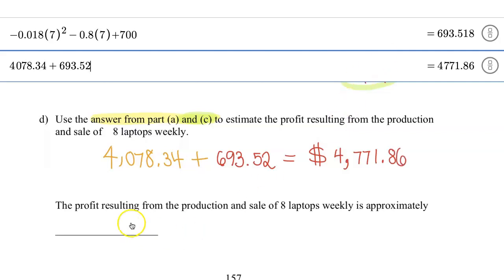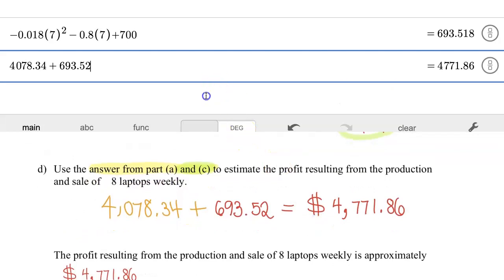The profit resulting from the production and sale of 8 laptops weekly is this number. I can't remember if your lab will ask you to actually plug in, but if we plug that 8 into the profit function, we better get something very close. Just out of curiosity, take a look.